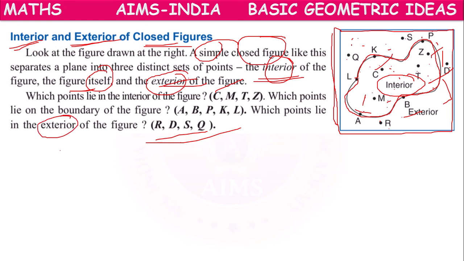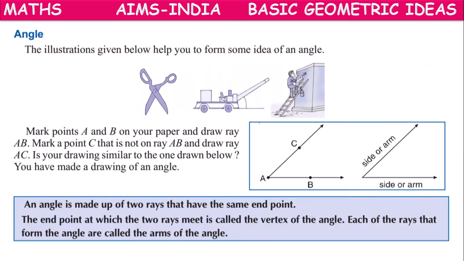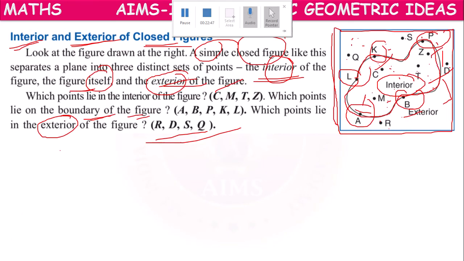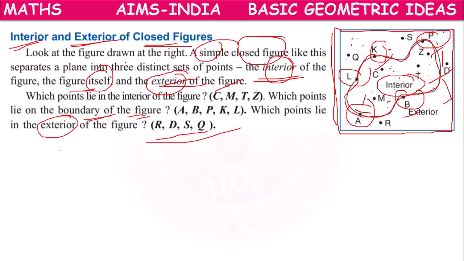L, A, B, P, K are all on the boundary of the figure. Like this, we can divide the points into three parts: interior part, exterior part, and the boundary part.